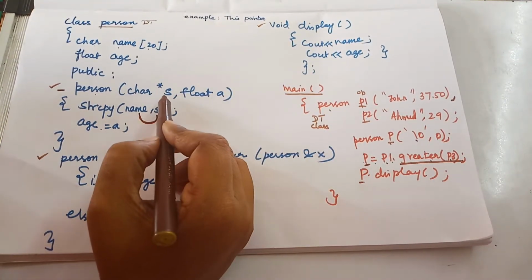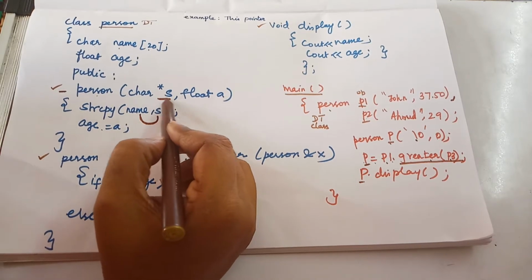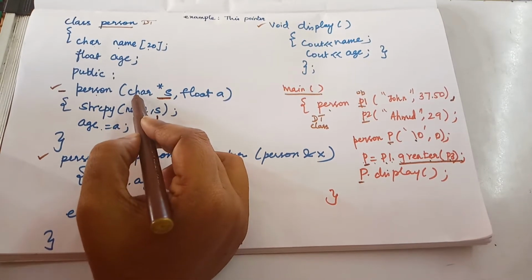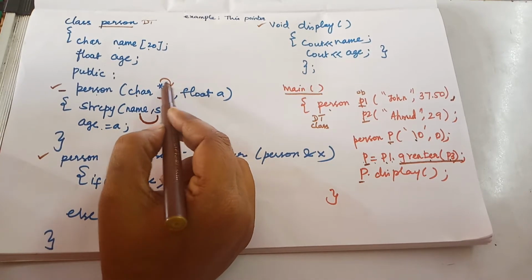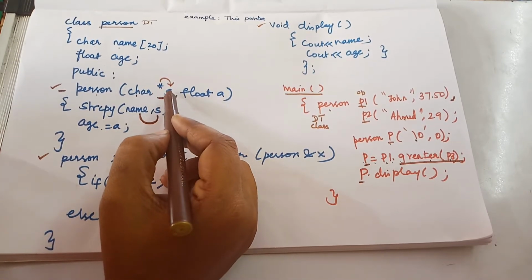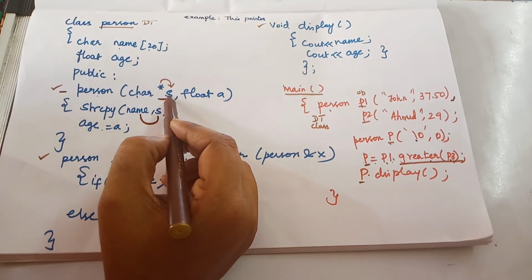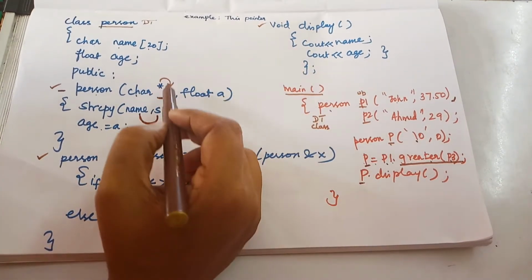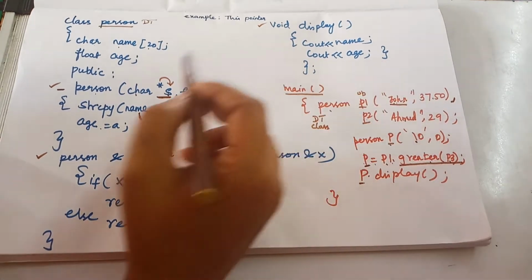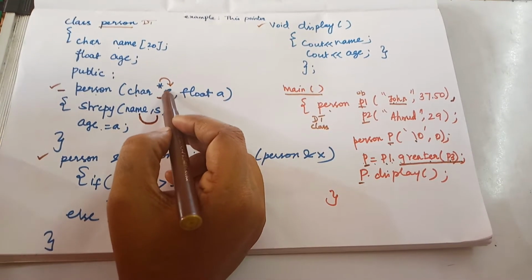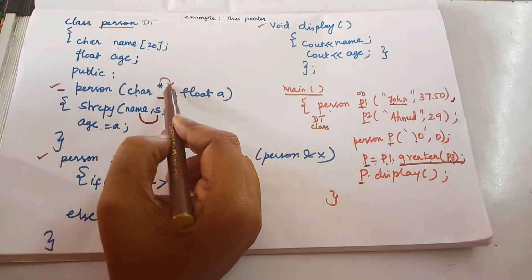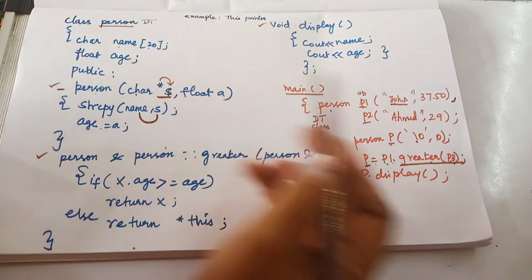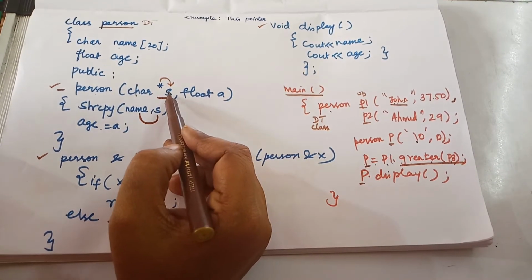So this is a pointer for the data type character. So S consists of the address of the first character, then the dereference operator takes the value from this S. So we are passing the name John, then S consists of the address of the first character, then it takes a value from the string, array of characters.